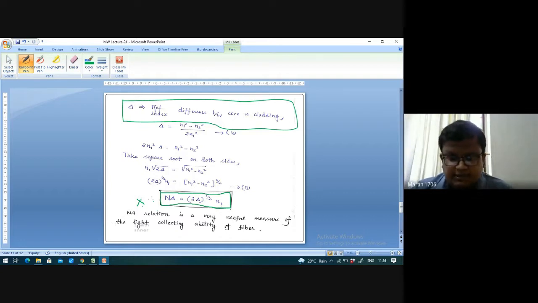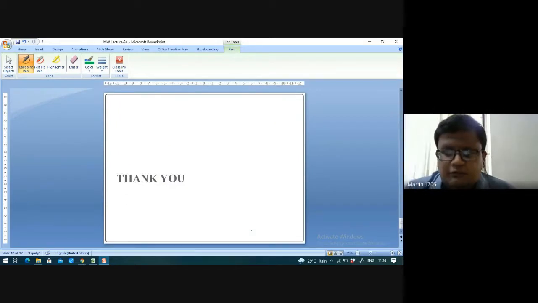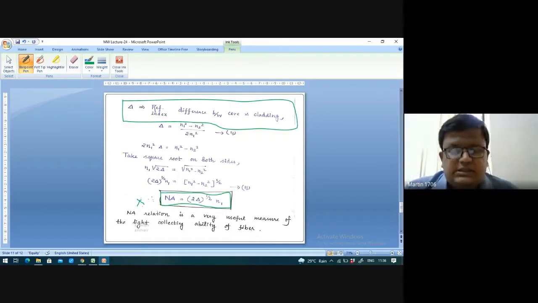This numerical aperture relation is very useful to measure the light collecting ability of the fiber. So don't look into the full derivation; just look into this part for your preparation.